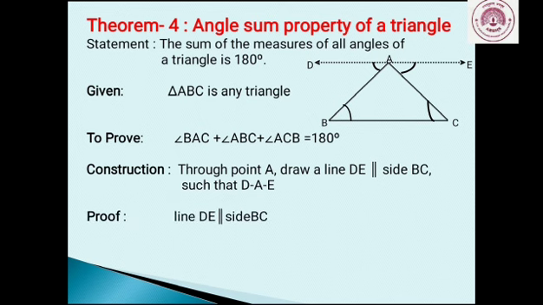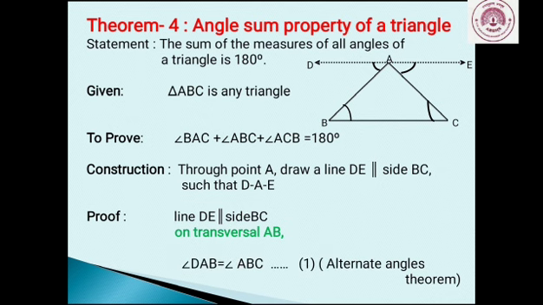Proof: line DE is parallel to side BC as per construction and AB is the transversal. Now see the figure. Angle DAB is equal to angle ABC. Reason: alternate angle theorem. Let this be equation number 1.